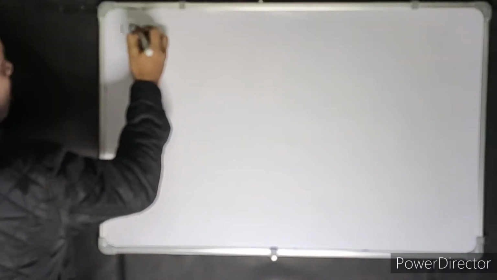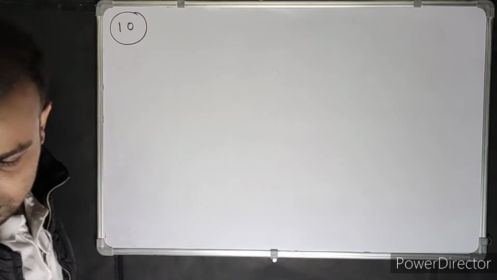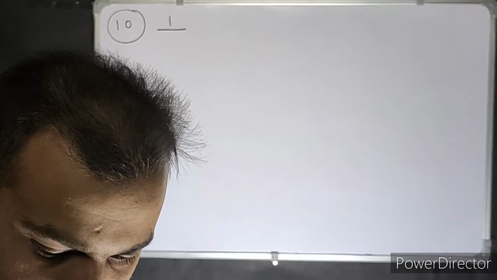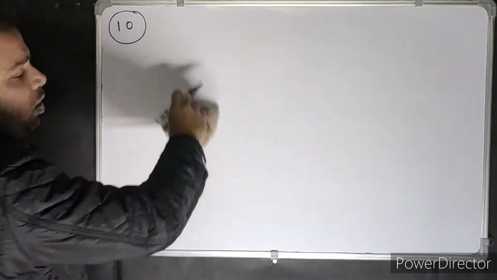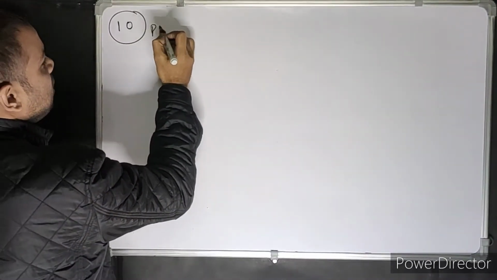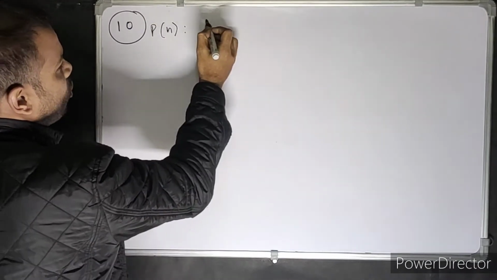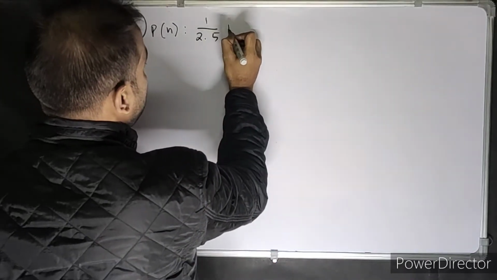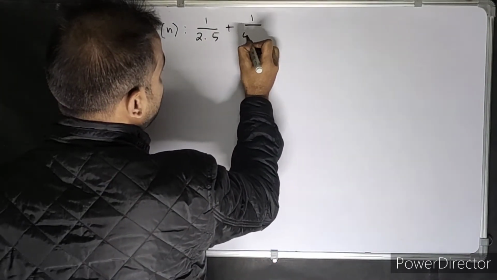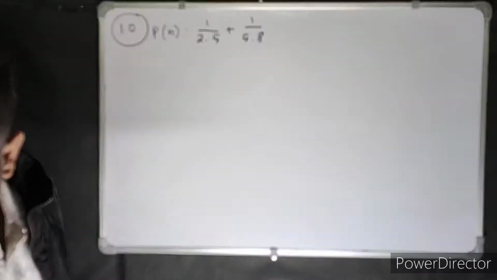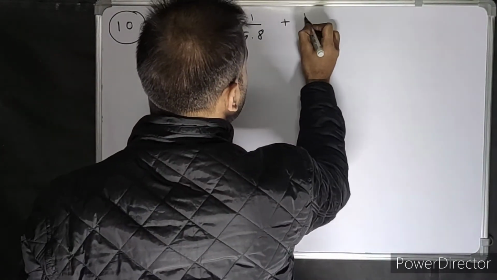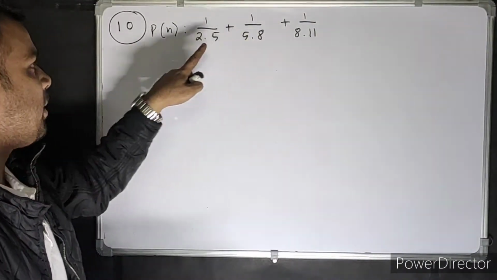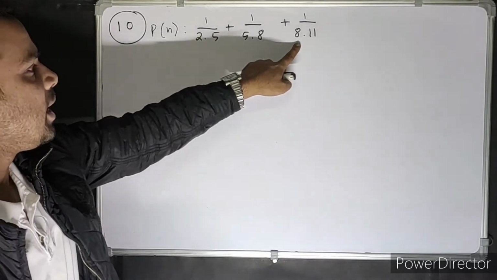We start with question number 10. This is P of n, of course, like I was doing in all the questions. So this is P of n, that is 1 divided by 2.5 plus 1 divided by 5.8 plus 1 divided by 8.11. Dot means multiplication, they are multiplied: 2 into 5, 5 into 8, 8 into 11.